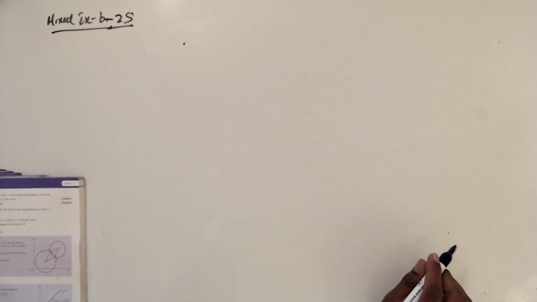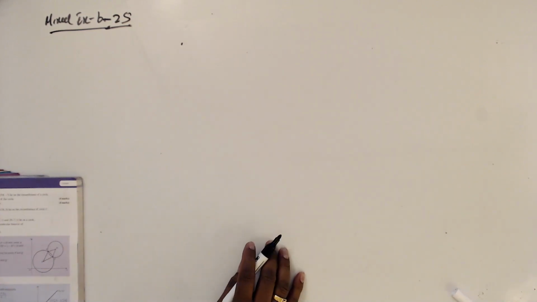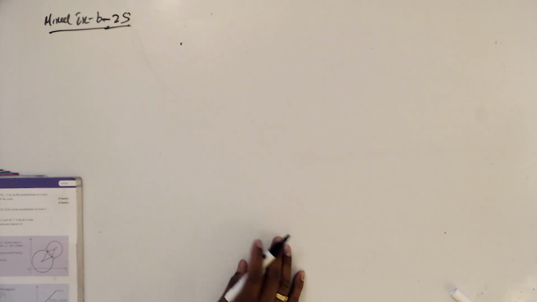Now question 25, you see that there are 4 points. Actually, you don't need 4 points to find the equation of the circle. 3 points is enough. Like the way I showed you in the second method of 24, pick any 3 easy points and you can follow that method.